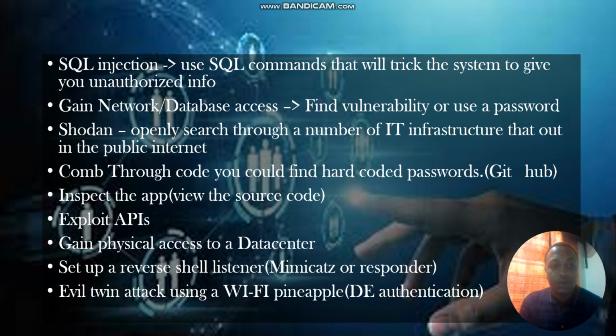Now, another way that you could gain access to another person's network or systems is you could comb through the code that is written by these people. If it is a system or an app that you know has potential value to you as a hacker, then you could comb through the code of that specific app, let's say from GitHub, and you could find hard-coded passwords in there.